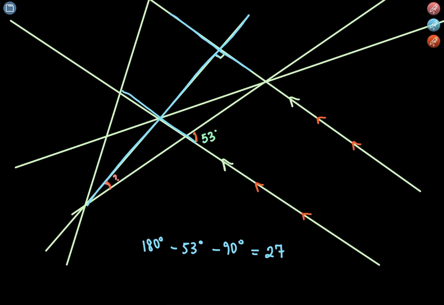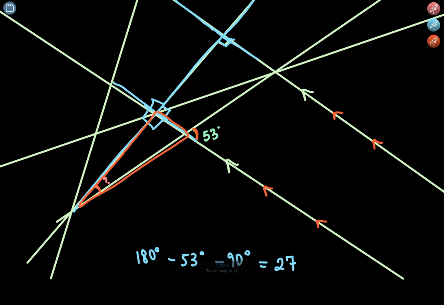Because it intersects at a 90-degree angle here, and since these two lines are parallel, we know that this angle and all of these angles are all 90 degrees, because we can use a combination of the C pattern, F pattern, or Z pattern. So we basically know that these are all 90-degree angles, and knowing that, we can look at this triangle.